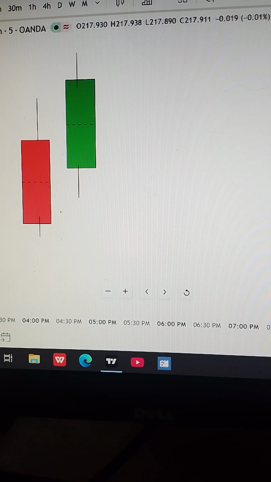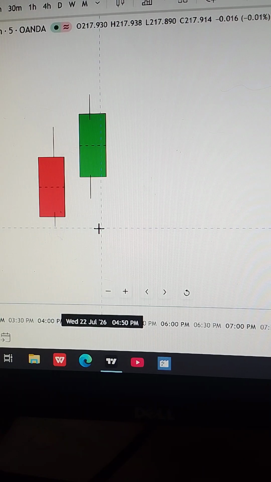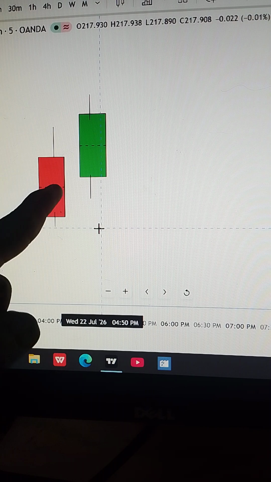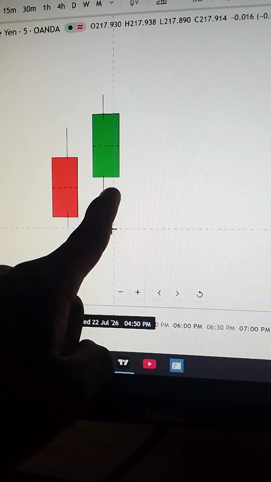We use support when the market is in a bearish direction, or when the market is selling. So this is a support, when a red candlestick is followed by a green candlestick.